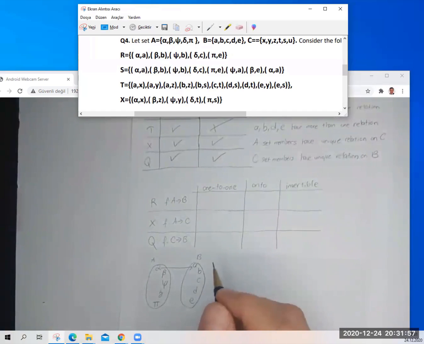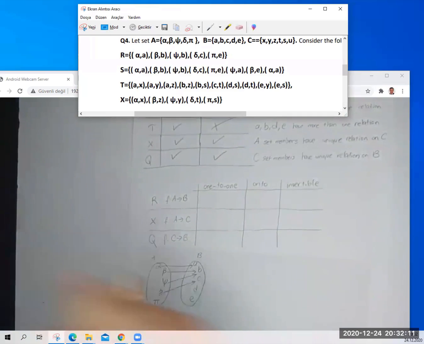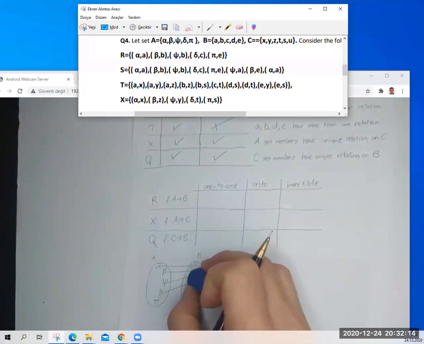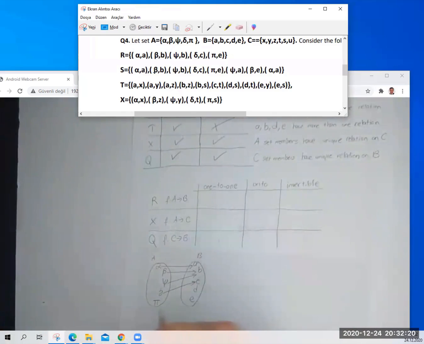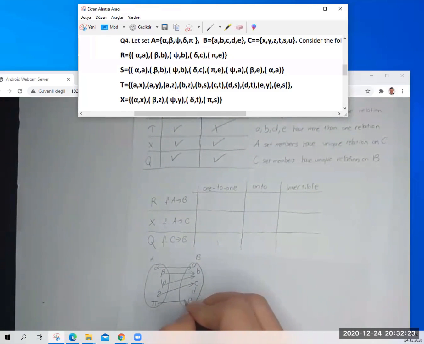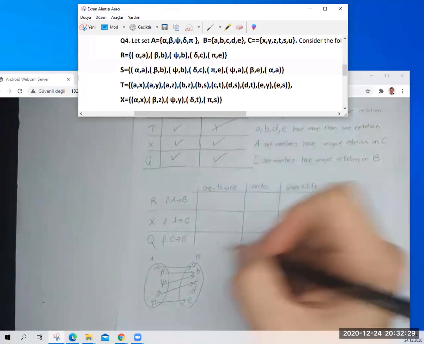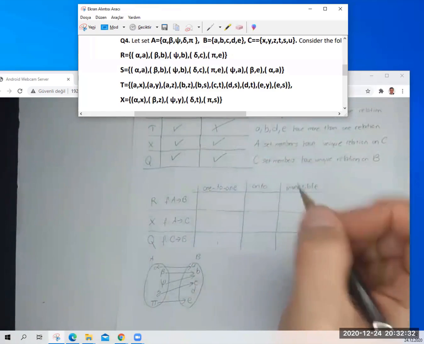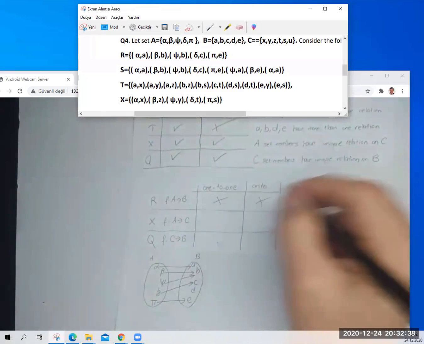Alpha to A, beta to B, psi to B, delta to C, pi to E. When we look at that function, this is not one-to-one because I have two B's, and not onto. So of course, not invertible.